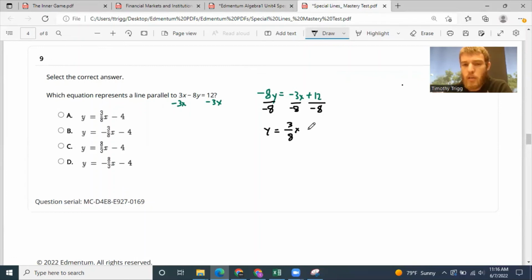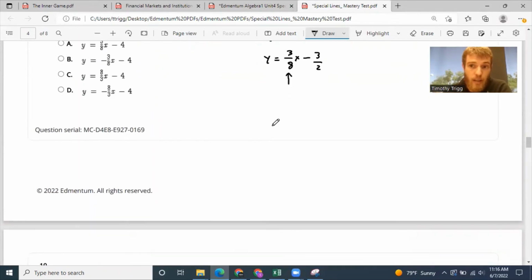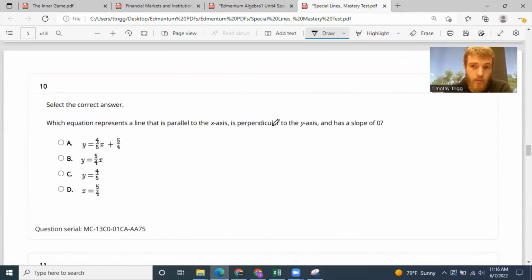And then this one we can reduce by a factor of 4, so 3/2. This doesn't really matter, but this certainly does matter here. So our slope in this case is 3/8. So any parallel lines would also need a slope of 3/8. So which of these has a slope of 3/8? Only one answer choice has the correct slope.